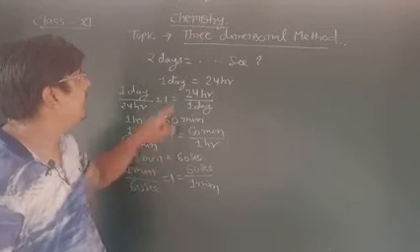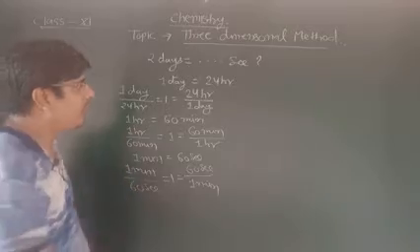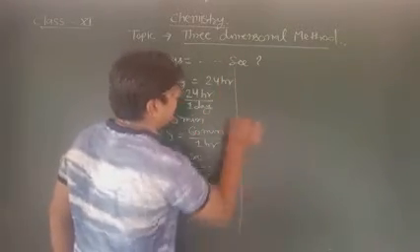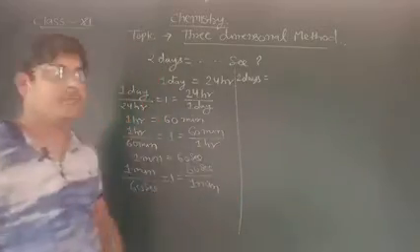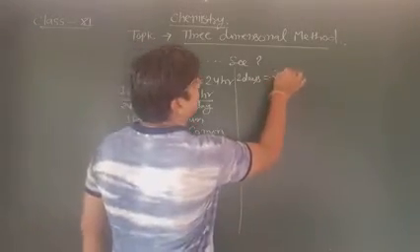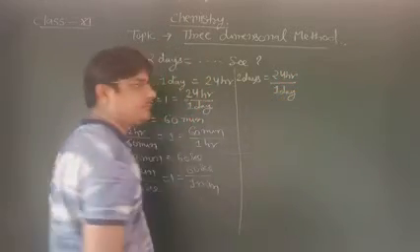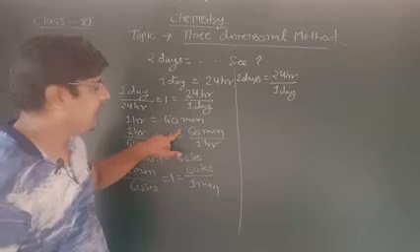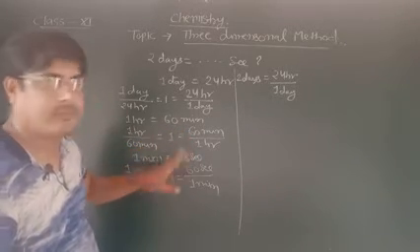Now we will find how many seconds are present in 2 days. Write it here: 2 days, which equals, first you convert it into the hour, so write 24 hour upon 1 day. Then convert it into the minute, so multiply it by 60 minute upon 1 hour.